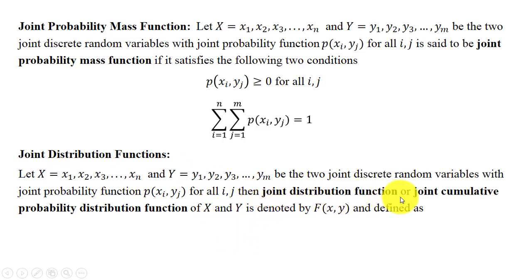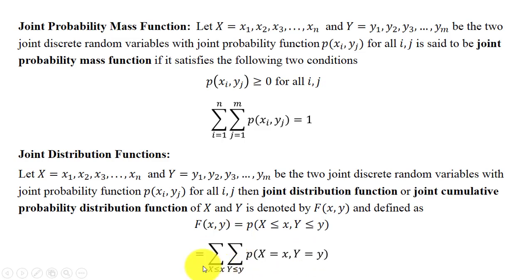Then the joint distribution function, or simply the joint cumulative probability distribution function, is denoted by capital F of x comma y, and is defined as the summation of all the probabilities where the random variable capital X is less than or equal to that value x, and the random variable capital Y is less than or equal to that value y. Or simply it is given by the summation over all x less than or equal to x, summation over all y less than or equal to y, of P of X equal to x and Y equal to y. So this is the joint distribution function.